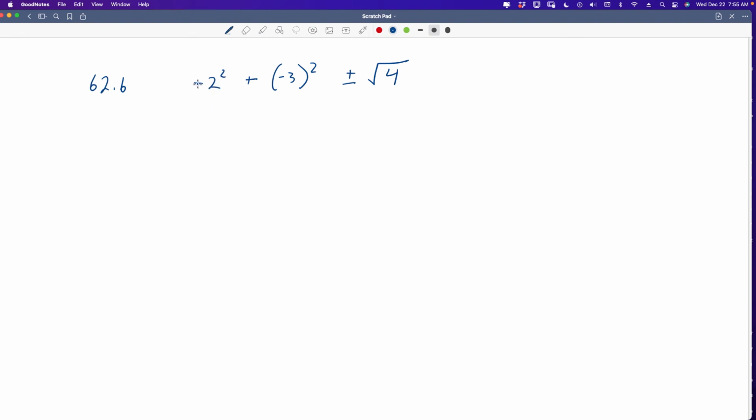So the negative we know is not attached to the 2. The 2 and the square are attached. And this is just like saying this, right? This is all enclosed in the parentheses, and the 2, the square, is attached to the parentheses. So it's everything in the parentheses. So -3 times -3 is going to be a +9, right?